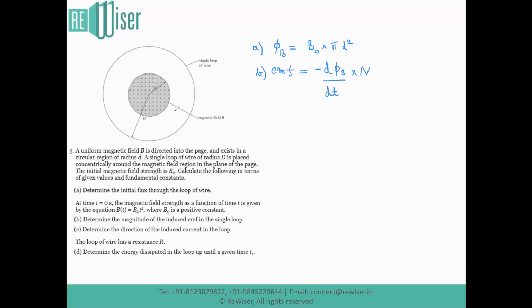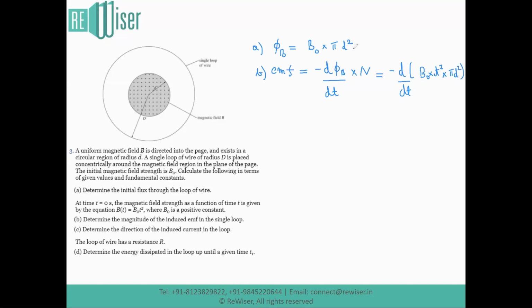Since it is just given to be 1 turn, we will assume n to be 1. So we get the answer as minus d by dt of B naught into t square into pi d square.